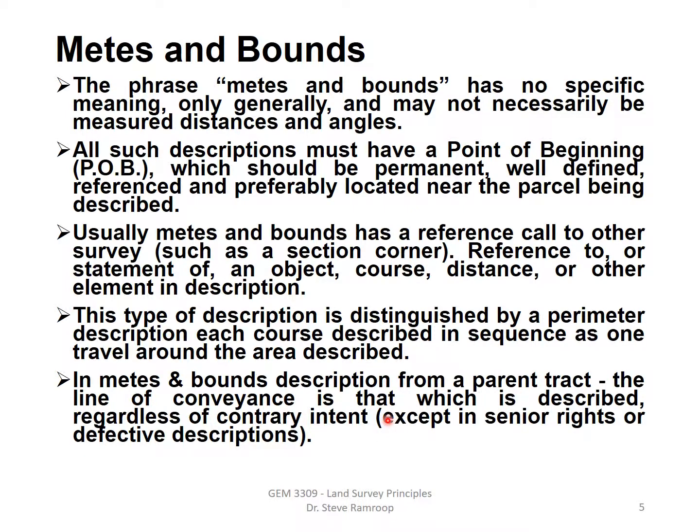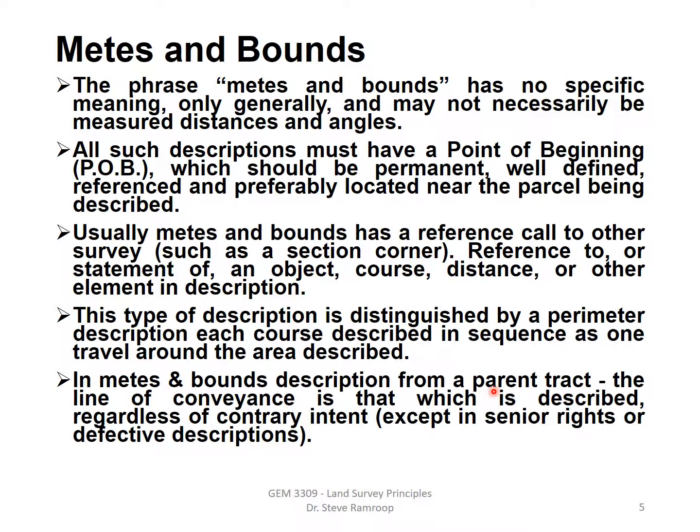In a metes and bounds description from a parent tract, the line of conveyance is that which is described, regardless of contrary intent. So in terms of the area being surveyed, that line of subdivision that's cut out from a parent tract is described in the description.